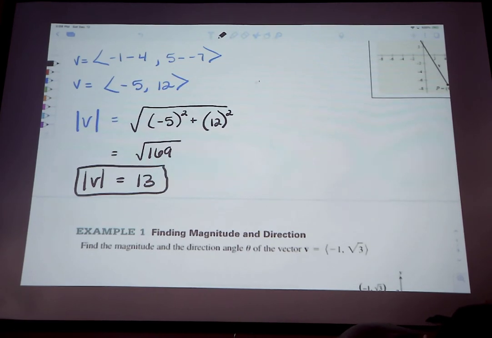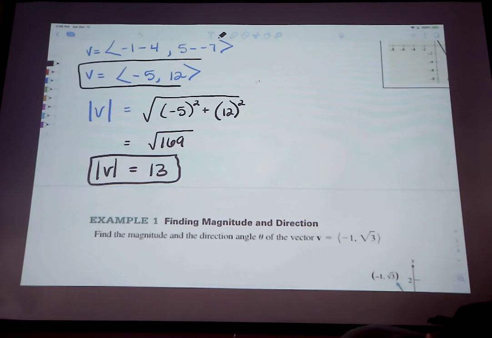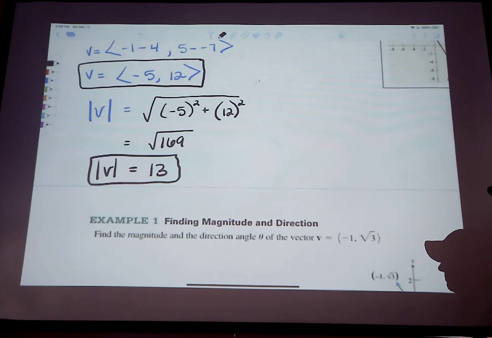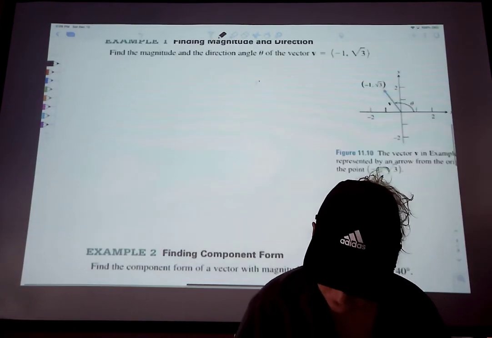There you go. Magnitude, component form. Moving on.